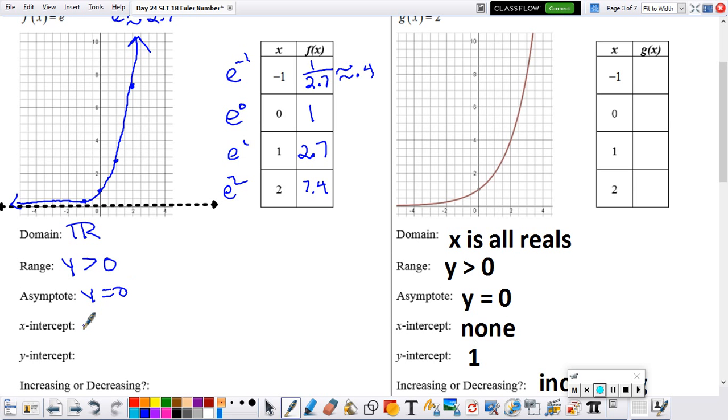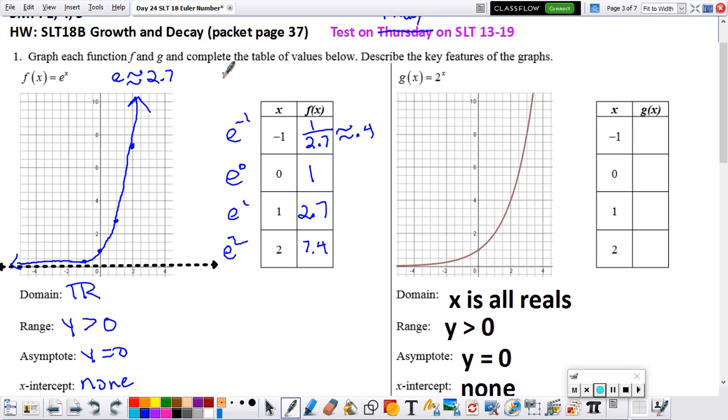It does not have an x-intercept. It does have a y-intercept of 1. And this graph is always increasing. This is not surprising because this base e is just 2.7. It's like y equals 2.7 to the x. And this is just 2 to the x. So they're very similar.